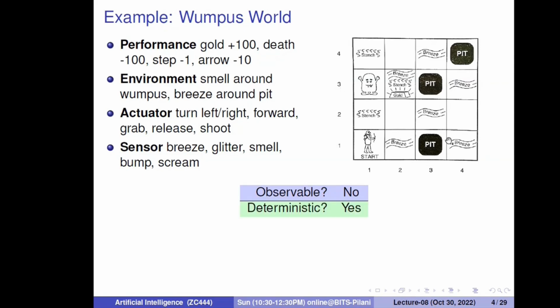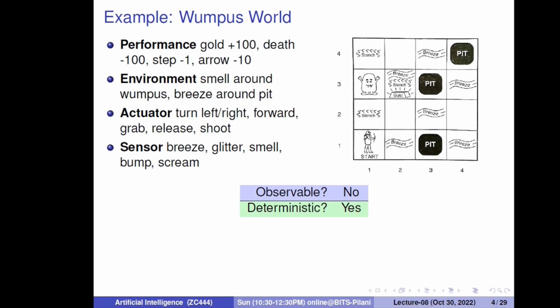Is it deterministic? Yes. Why? Because things are not changing. Whatever things there are, the pit, gold and so on, if I say that this vampus is moving, then it becomes no. I'm sorry, deterministic means that it is static, that's what I was talking about.